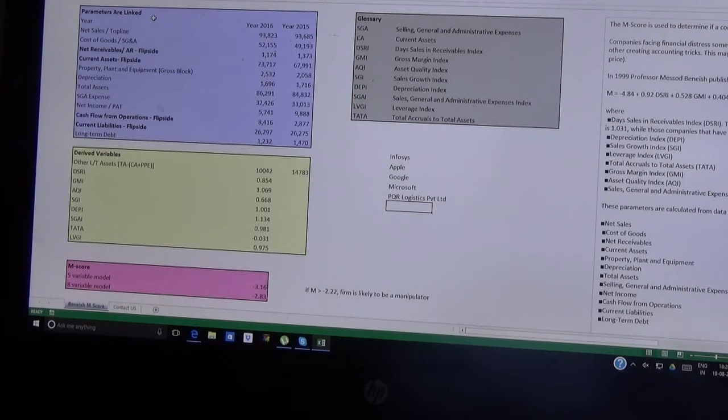Now there is an issue in that. The issue is very well relevant and very clear. If you consider the AR of the top 4 versus the AR of PQR Logistics Private Limited, then there is an issue of foreign exchange. Because Infosys, Apple, Google, Microsoft all have AR in almost every currency: your dollar, GBP, Euro, Aussie dollar, New Zealand dollar, Canadian dollar.